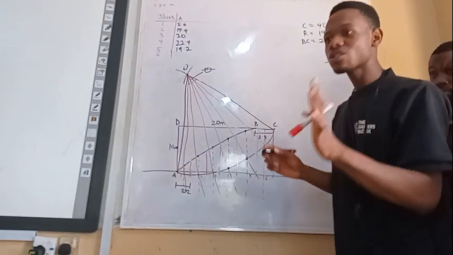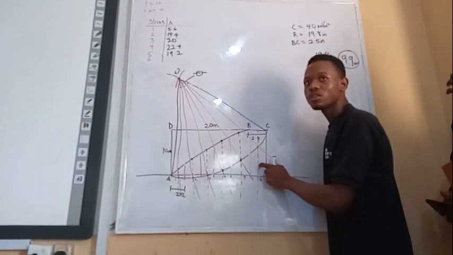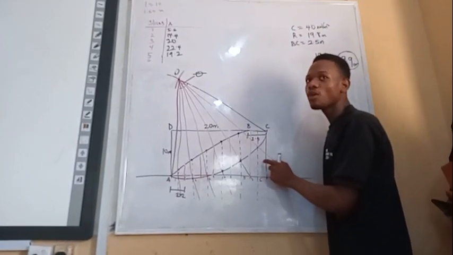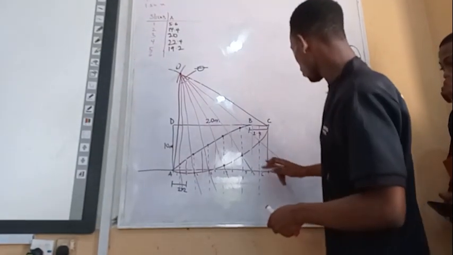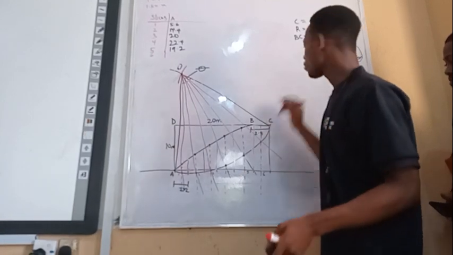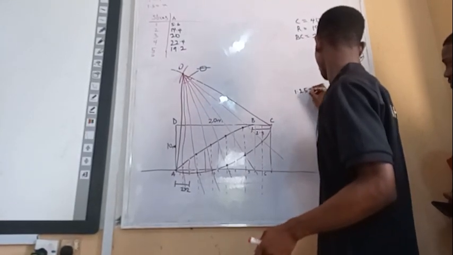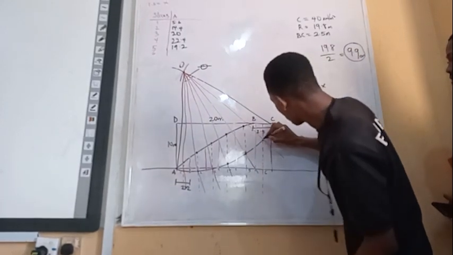So for the last one now, please. What we have here is not up to 2. It's 1.25. So 1.25 times 2. Then times, what do you measure from here to here?